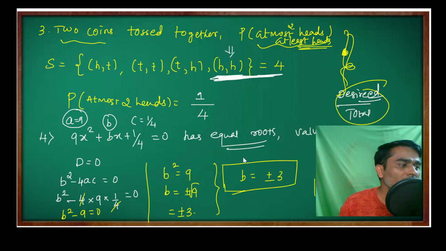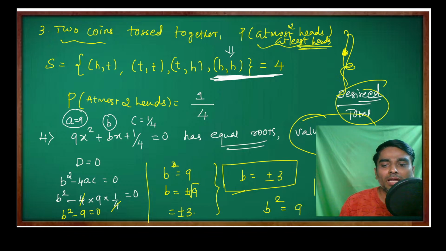No, b is both plus or minus 3. Both you need to write here, because we are not dealing with any distance, time and all, right? Simply we are finding a value. So a value can be negative, positive, both. Since here there is a square, right? Square means, yesterday also I told you, b square equal to 9, b should be root 9 with plus or minus. Why?